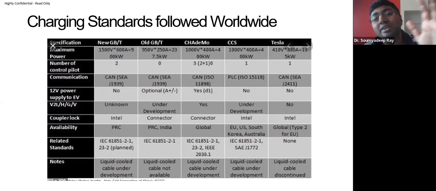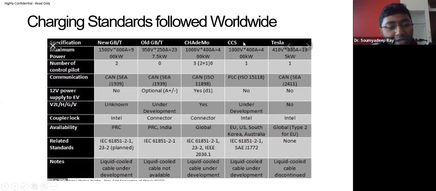From there CHAdeMO comes into the picture, and it became standardized and is now used globally. That is the story behind CHAdeMO. CCS is used in India and the US, and Tesla has developed its own standard, and I think they are using that charger standard for themselves.